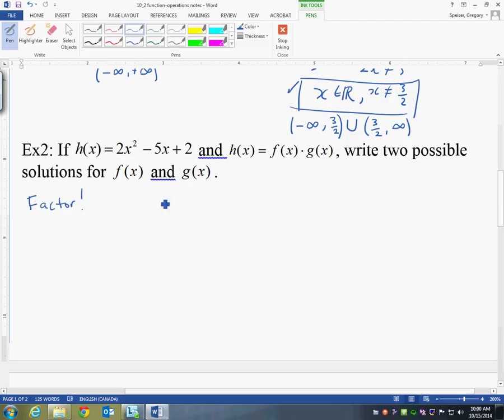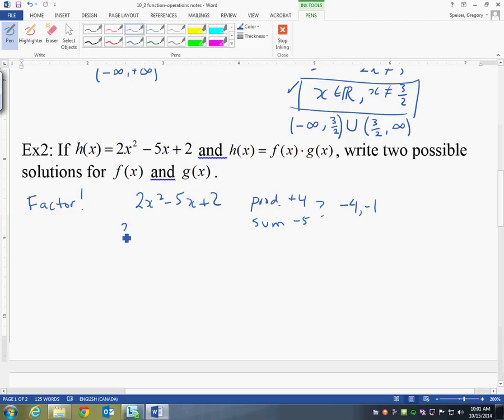So if we take a look at our 2x squared minus 5x plus 2 and we factor this. We're looking for two values whose product, the product of 2 and 2 is 4, is positive 4, and whose sum is negative 5. So what are two numbers that multiply to positive 4 and add up to negative 5? I'm thinking it's going to be negative 4 and negative 1, right?